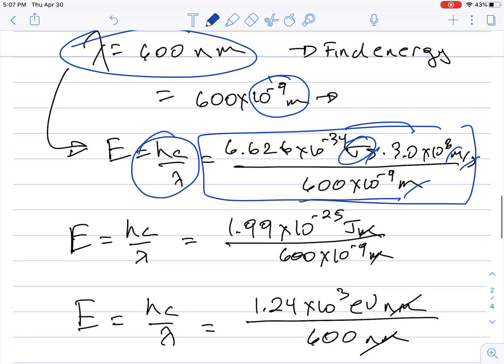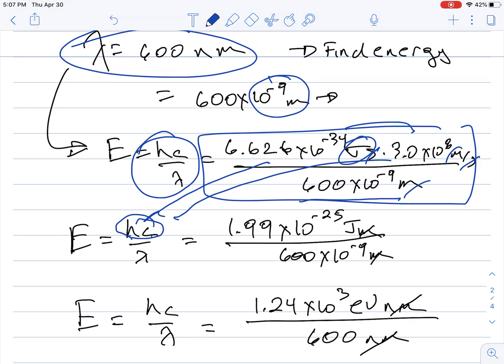Now, here's another option that you can do, and this is on that yellow AP Physics 1 equation sheet. If you want to shortcut this, have a value of h times the speed of light. If you take Planck's constant and multiply that by the speed of light, you get 1.99 times 10 to the negative 25th joule meters.